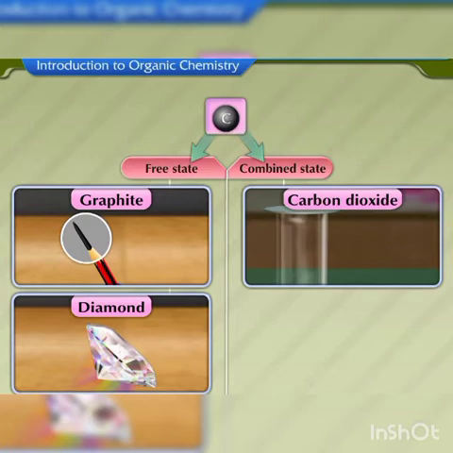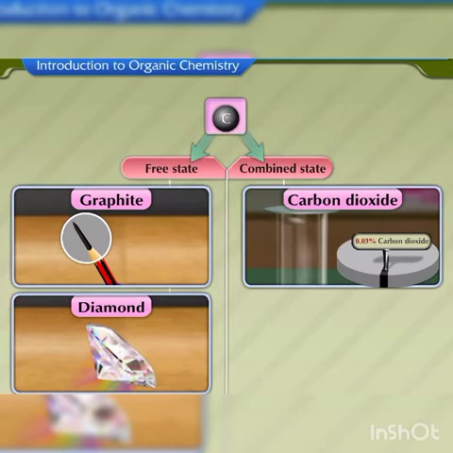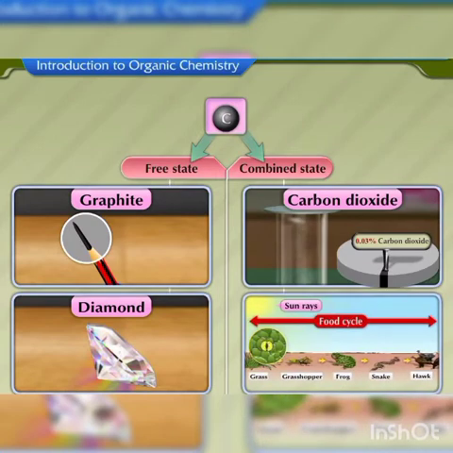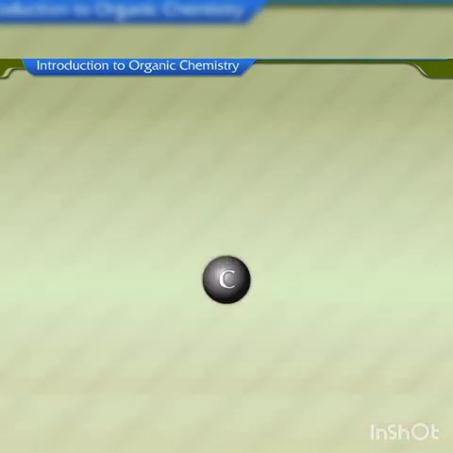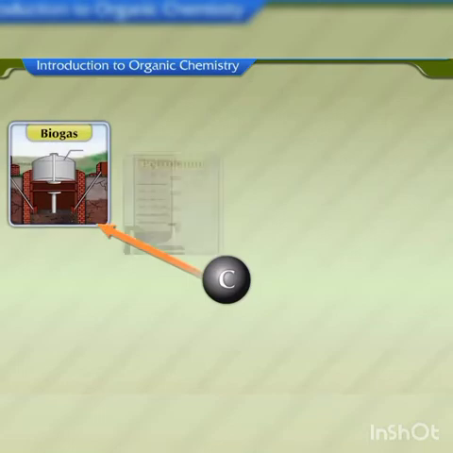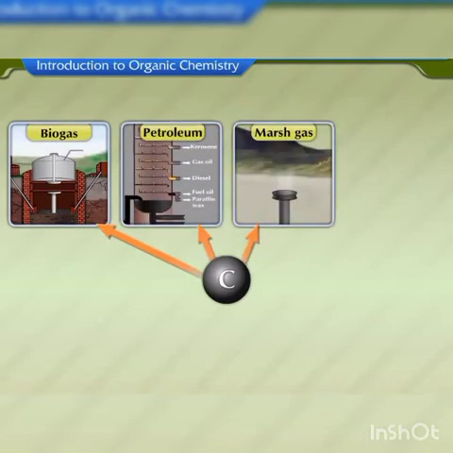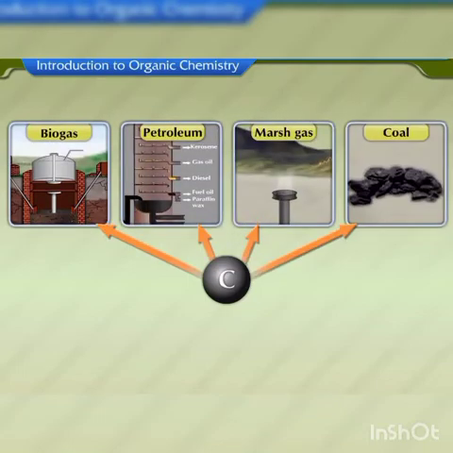Although carbon dioxide is only 0.03% by volume in air, it plays an important role in the food cycle through the process of photosynthesis. Carbon is also found in fuels like biogas, petroleum, marsh gas, and coal.